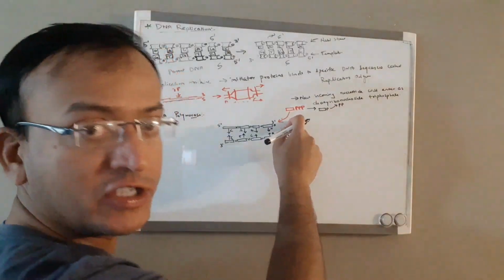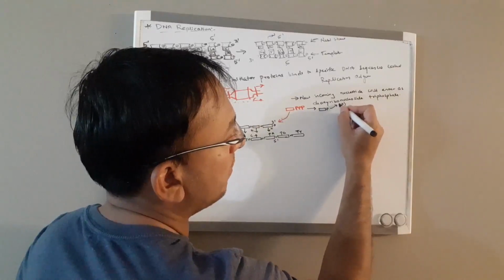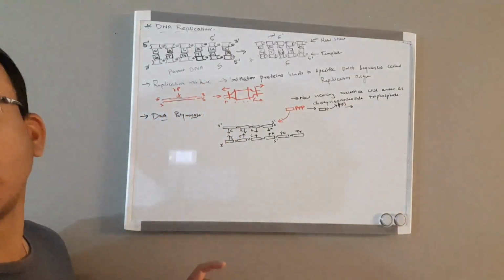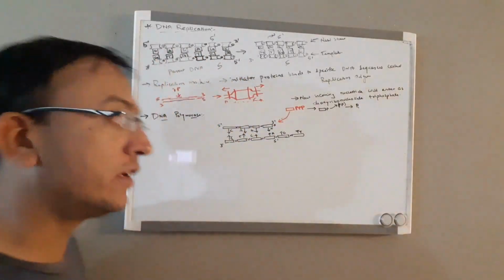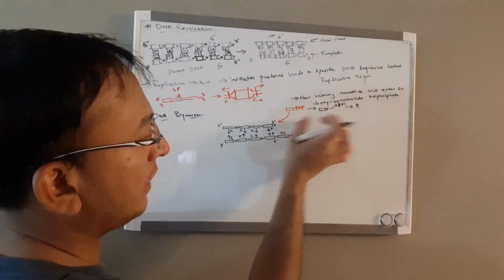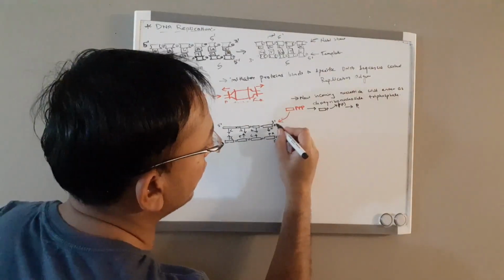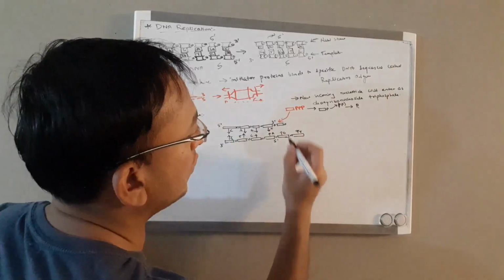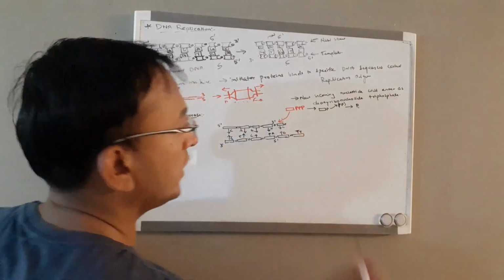That provides the energy, and this pyrophosphate is further hydrolyzed to inorganic phosphate. This is how the energy helps this reaction, and eventually we have our new nucleotide, that will be C.